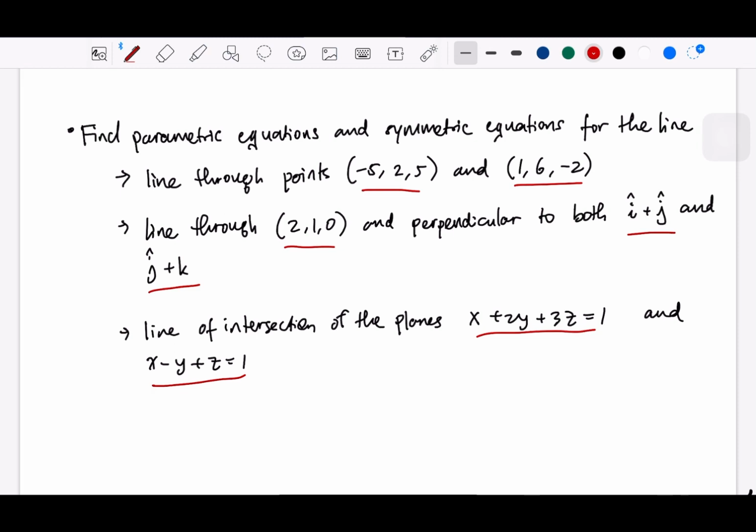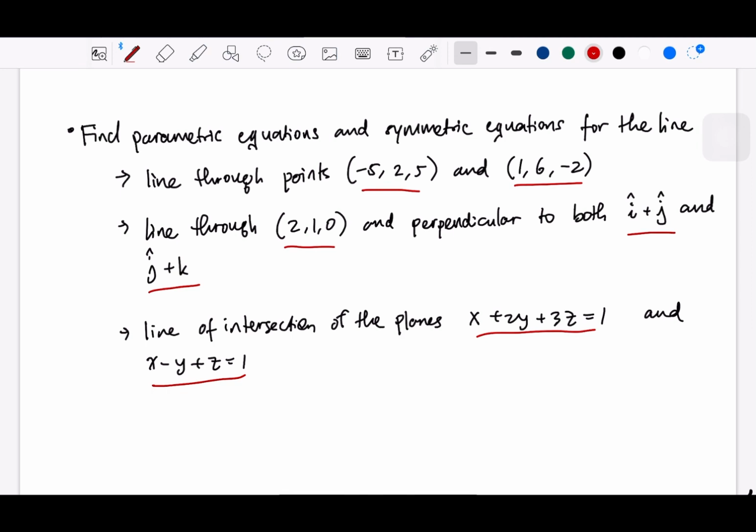So the point is, you see three type of questions. First question is you go point and point. So I think you can imagine what's directions, right? The first one, you can get the direction easily from the points, right? But the second question or the third question, it has some property that is, the second one is perpendicular to some other vectors, right?